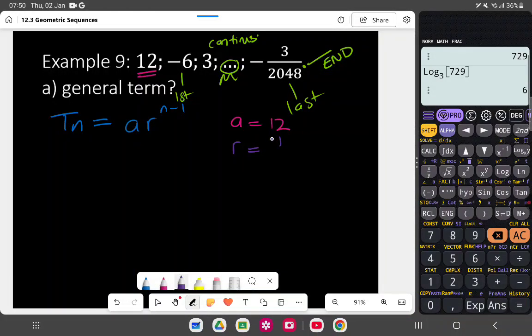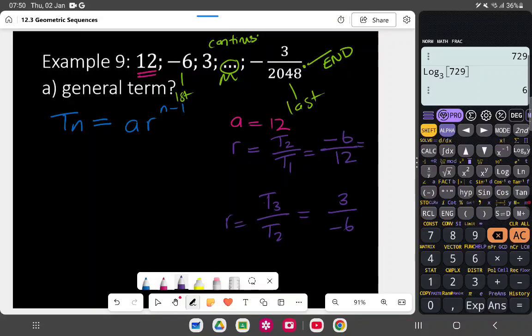r is equal to term 2 divided by term 1, and term 3 divided by term 2. So we are saying negative 6 divided by 12, and 3 divided by negative 6.